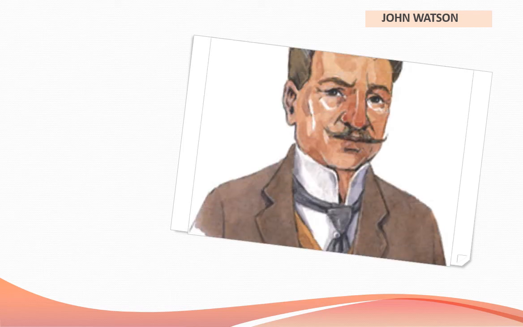John Watson. The story is written in the first person with Dr. John Watson as narrator. He has lived with Sherlock Holmes for several years, during which time he has witnessed his companion at work on numerous difficult cases.